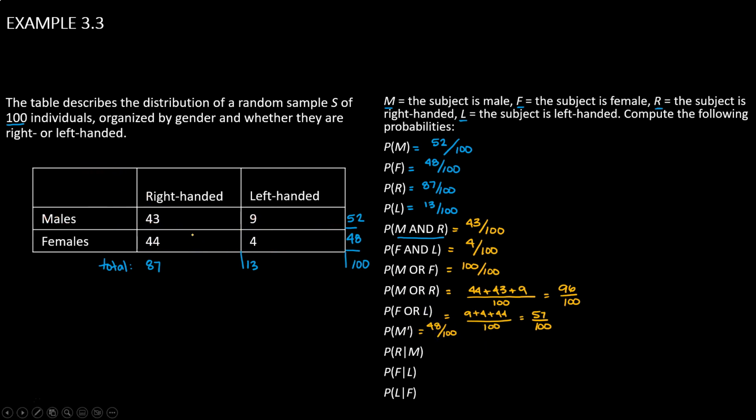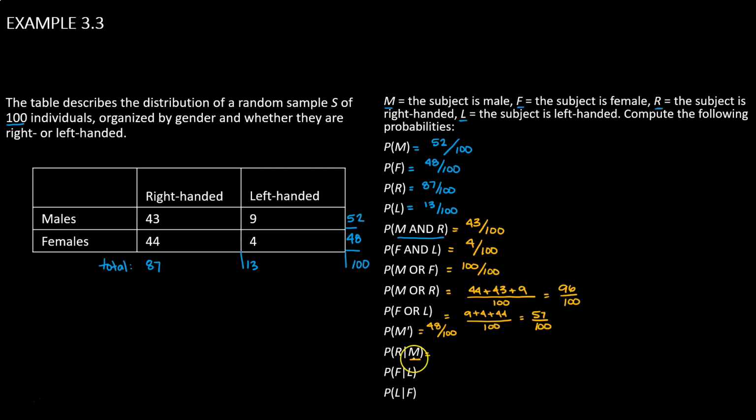Now let's take a look at some conditional probabilities. The probability that somebody randomly selected is right-handed, given we know that the person that we have randomly selected is a male. Whenever we look at conditional probabilities, you're always assuming that the second event that's written in this notation definitely had to have happened.